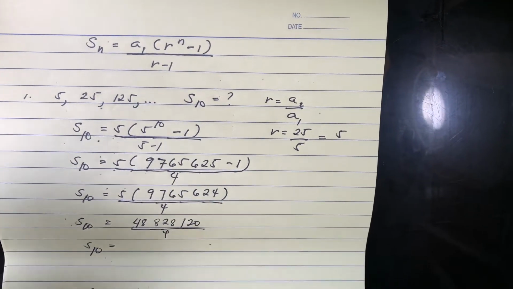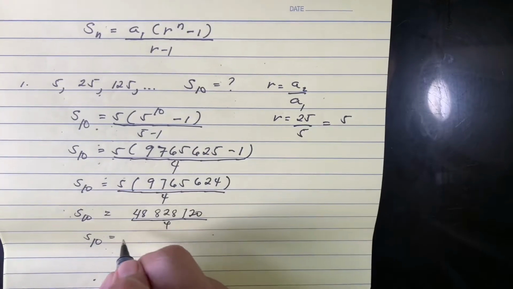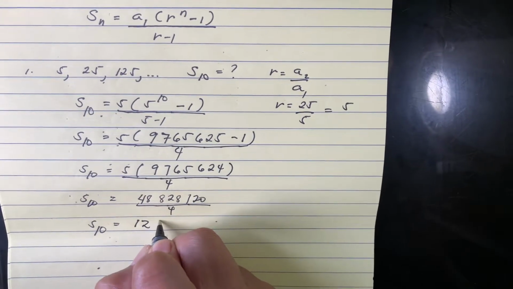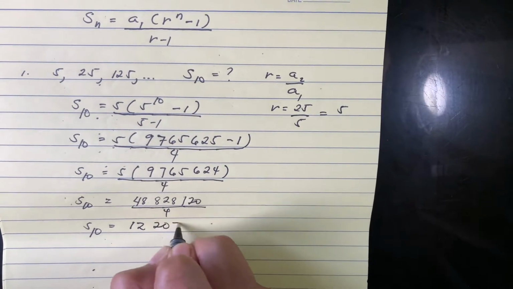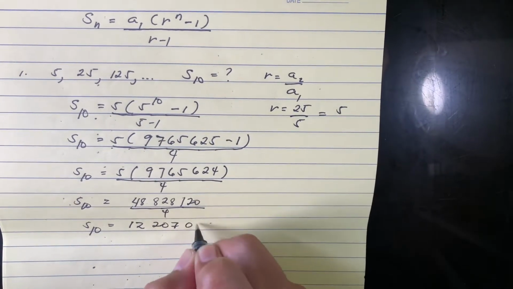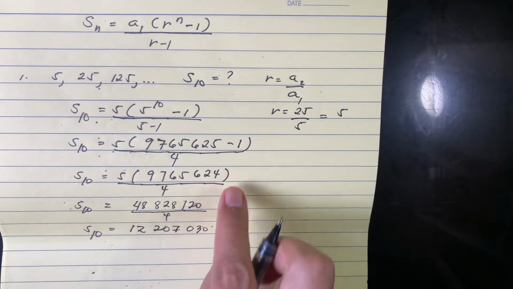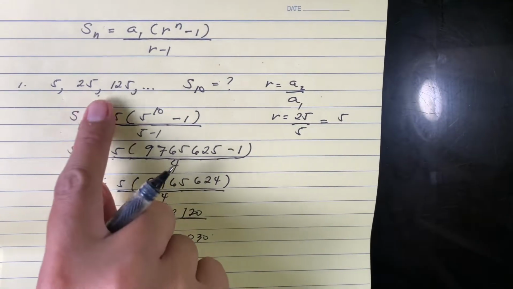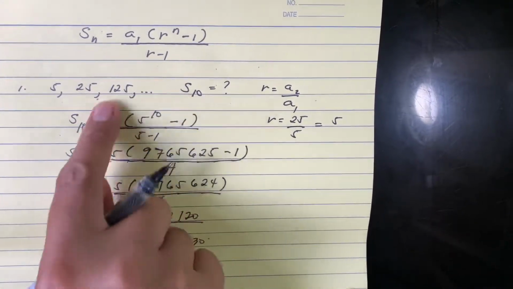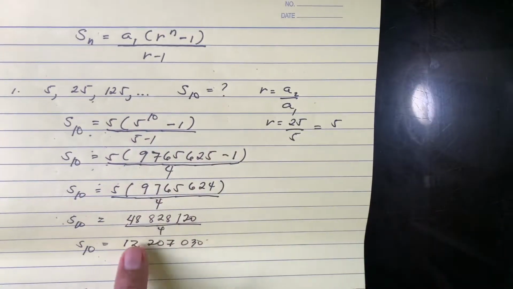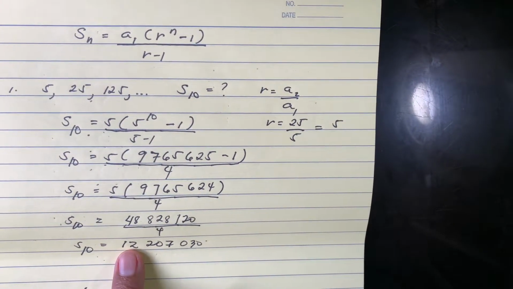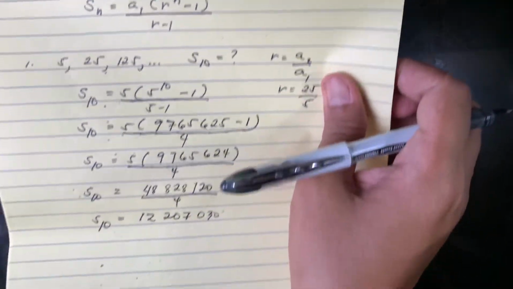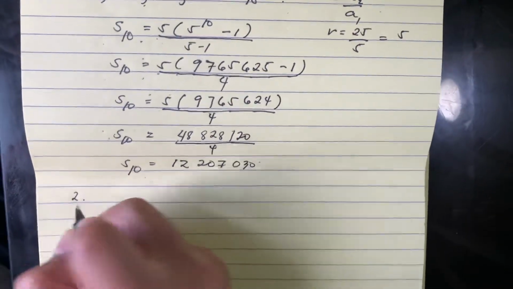So dividing that by 4, we have 12,207,030. This is now the sum of the first 10 terms of this geometric sequence. So this is now your S sub 10. It is equal to 12,207,030.